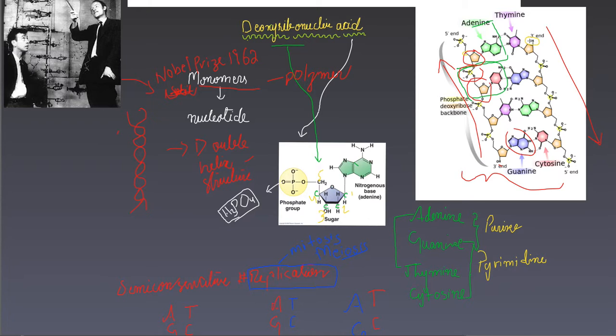So these two ends are opposite, one going in this direction and the other in the opposite direction, which really helps in DNA replication. We will discuss how it happens.